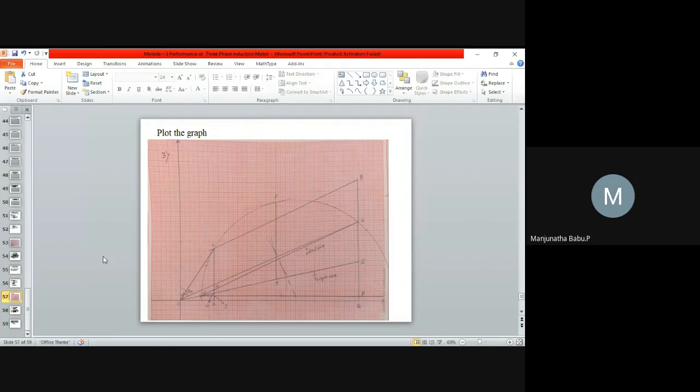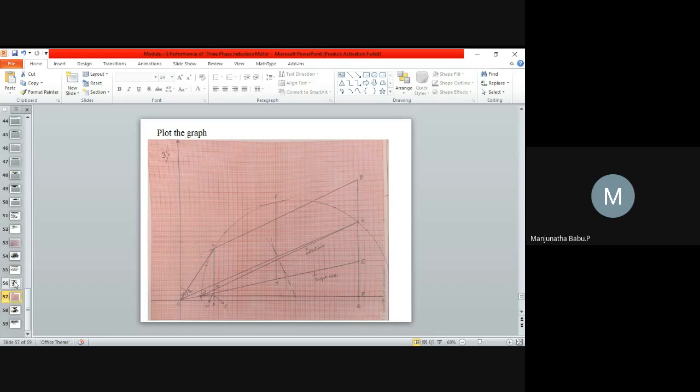So on the graph, draw x and y axis lines. The y axis line will represent the voltage. The x axis line doesn't represent anything, so just draw a line on the x axis. Now consider O as the origin. As per the current scale, what is the value with respect to the no load power factor?